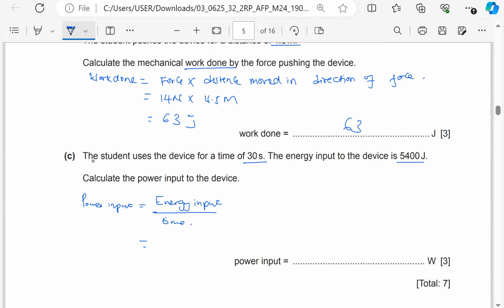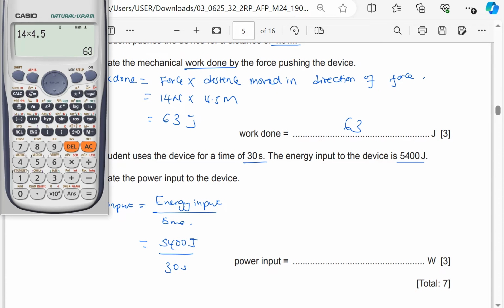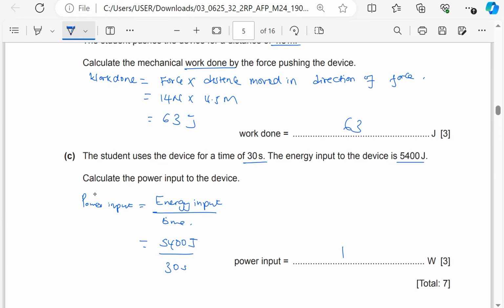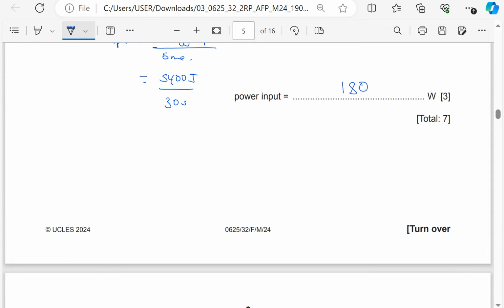The energy input is 5,400 joules divided by the time, which is 30 seconds. So 5,400 divided by 30 is 180. So the power is 180 watts.